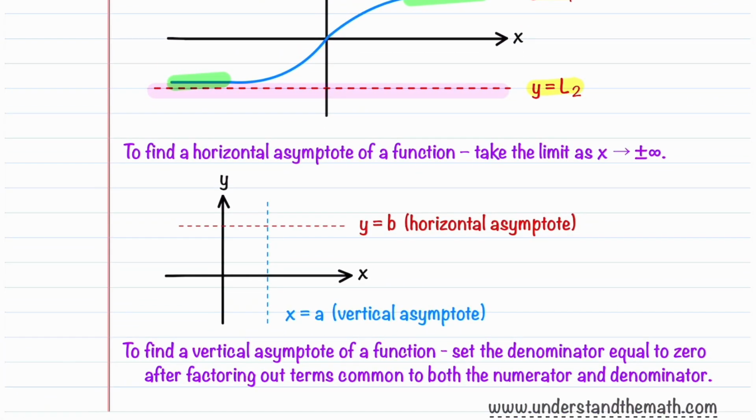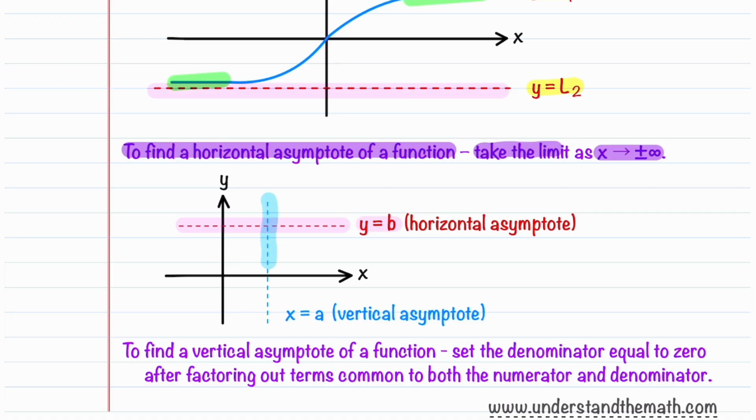To actually find the horizontal asymptote of a function, what you have to do is take the limit as x approaches plus or minus infinity. A horizontal asymptote is defined as y is equal to b. In practice, when we're checking to see if a function has a horizontal asymptote, it's common to also check to see if it has a vertical asymptote.